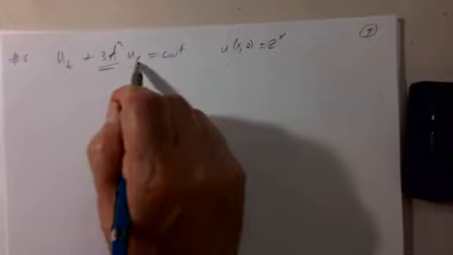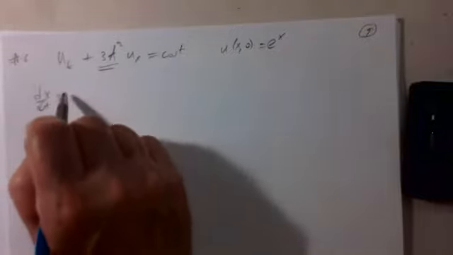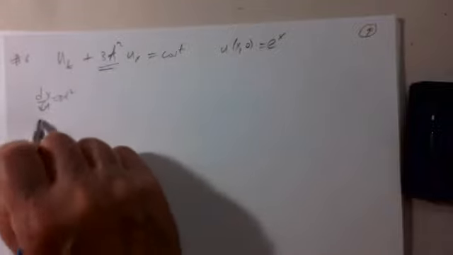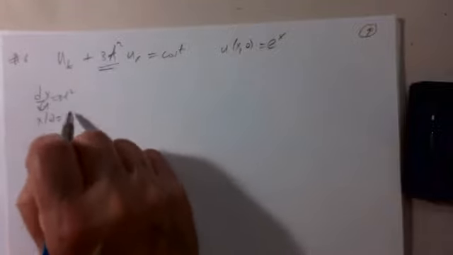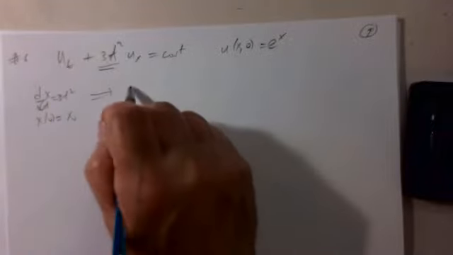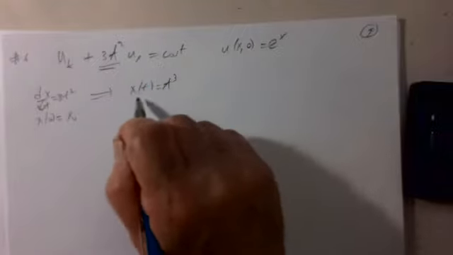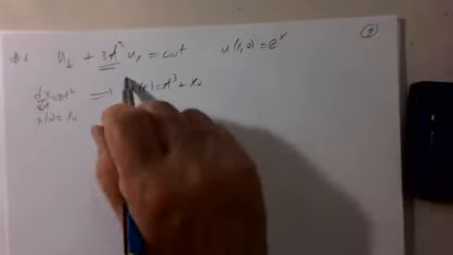So this is what I'm multiplying u sub x by. I want to look at the differential equation dx/dt equals 3t squared, x of 0 equals some number x naught, and the integral of 3t squared is just t cubed, and at 0, I have to get x naught.